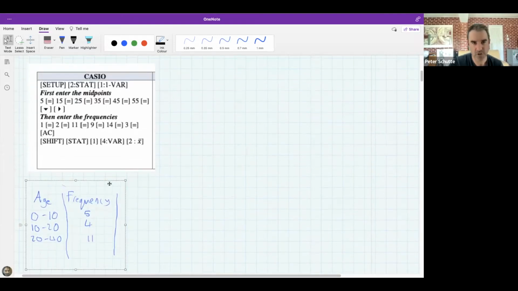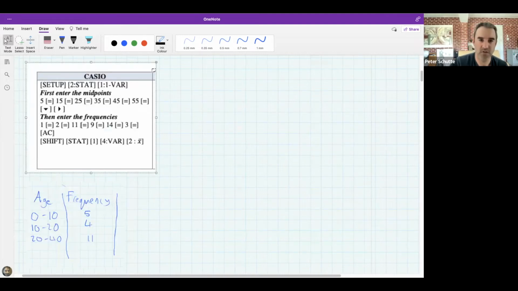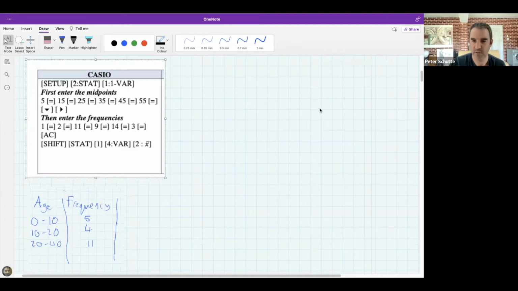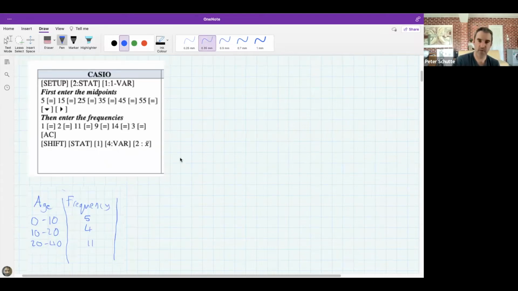And after you've turned the frequency column on, these should be your instructions. But you have to turn that frequency column on first. Okay, now once you've got an answer for your estimated mean for this table, I want you to put that in the chat. What's your estimated mean for this particular data set?